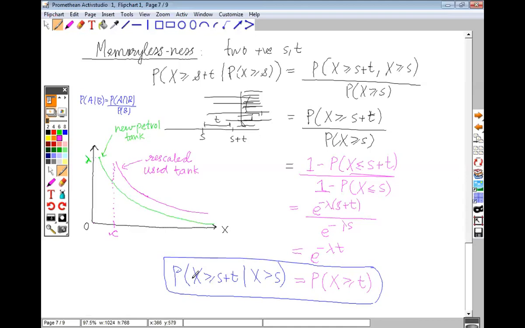What that allows is, if you pick up this pink curve and place it over this green line, it will overlap exactly. Maybe my drawing is not as good as it should be, but the rescaling is done in a way that this overlaps the green one exactly, and this area will also sum up to 1. And this is just how you can visualize the memoryless property.